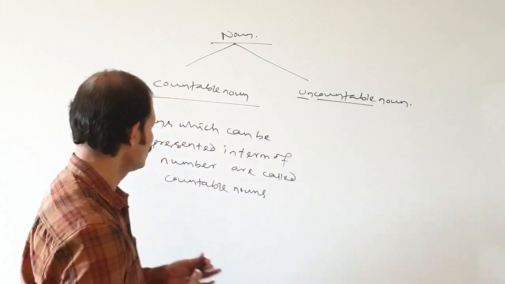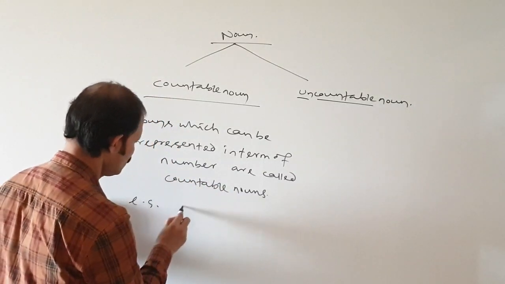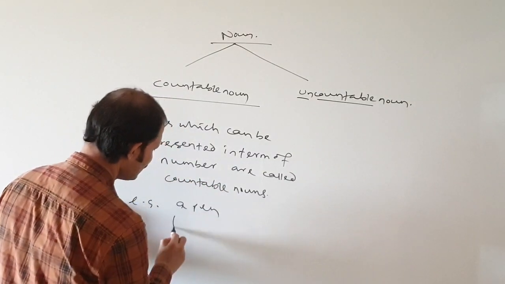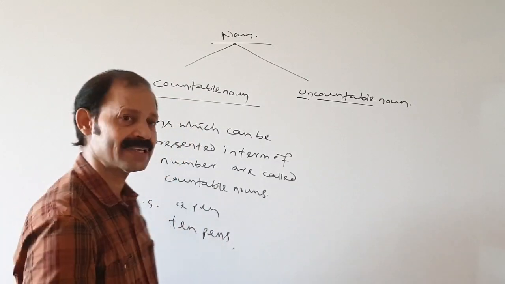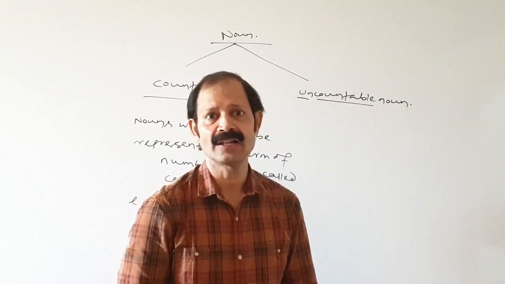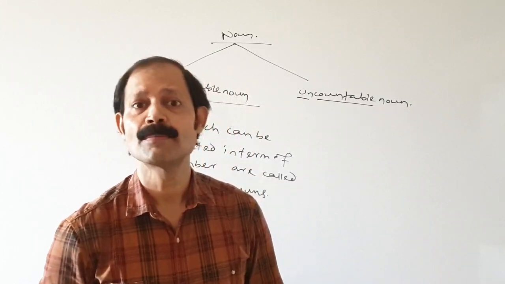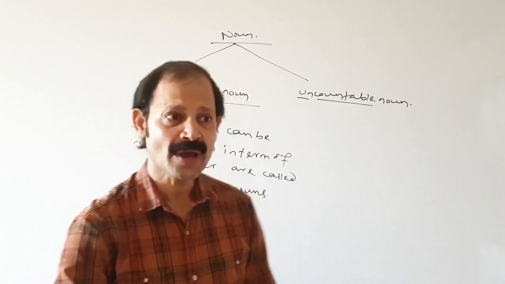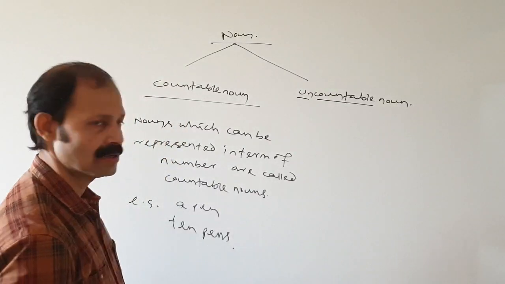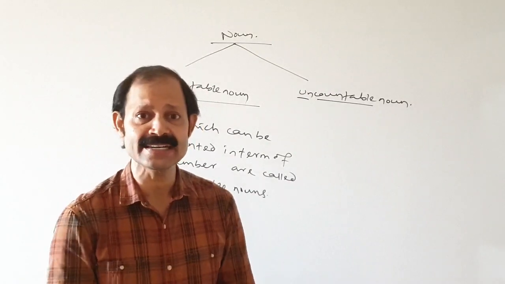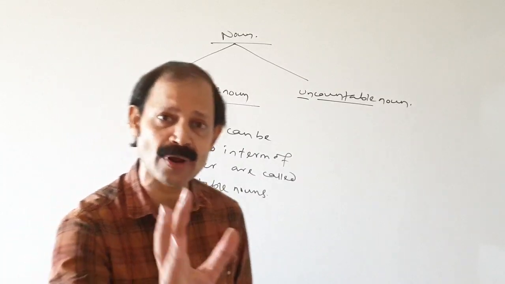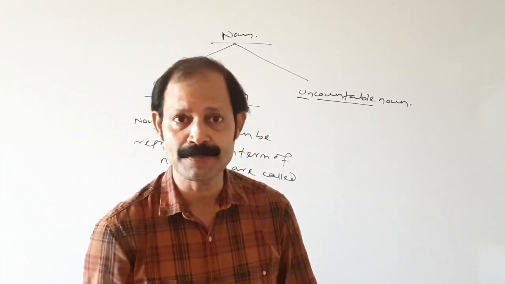For example, pen. We say a pen, we say 10 pens. Similarly, we say one girl, seven girls. We say one school, five schools. That's why these are countable nouns. So countable nouns are the nouns which can be represented in terms of number. We can say 20 of it, 10 of it, 5 of it.